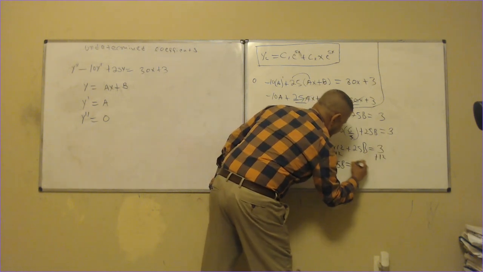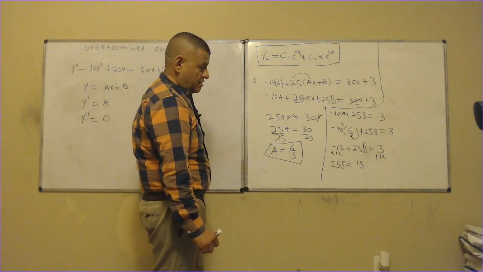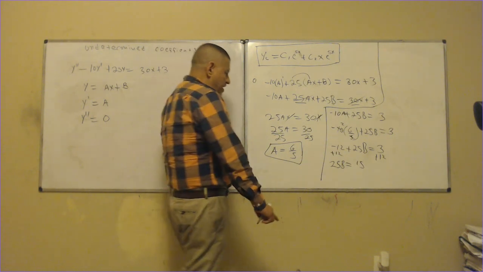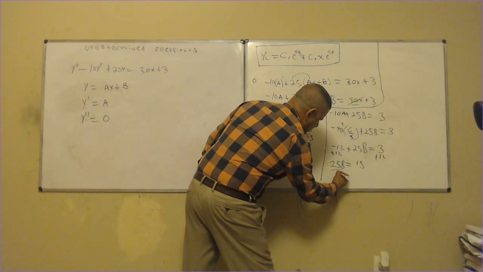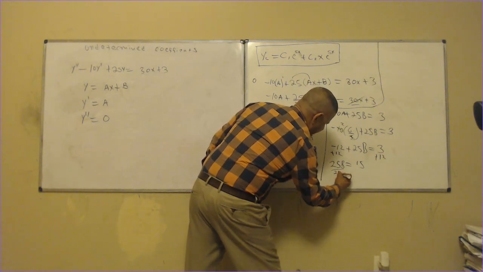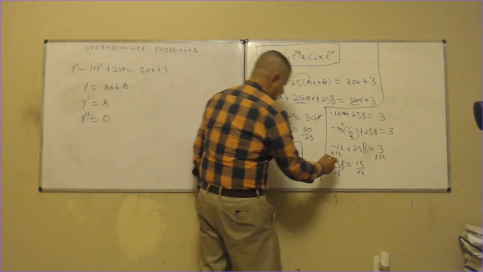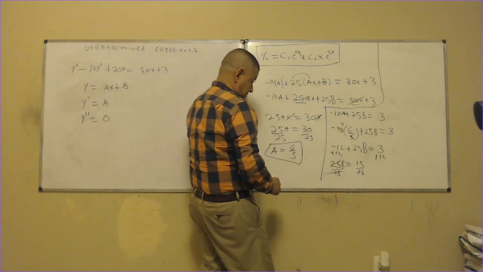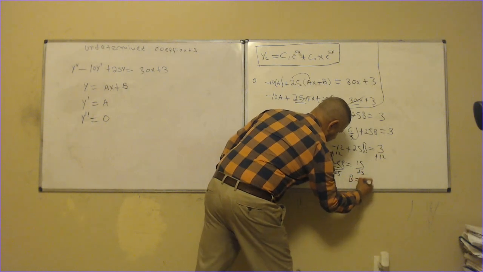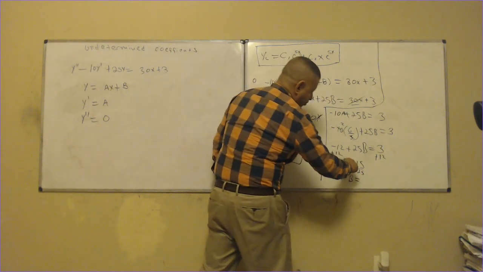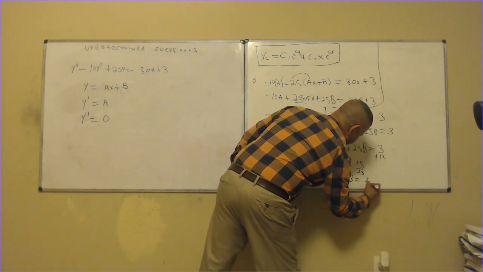It's going to be equal to 15. Okay. Now, what is the next step? The next step right here is simply divide by 25 on both sides, and I get b is equal to 3/5.